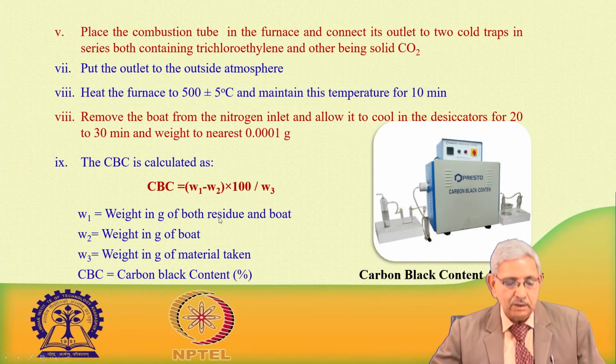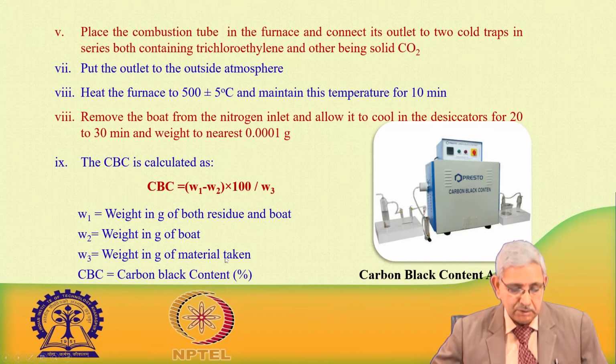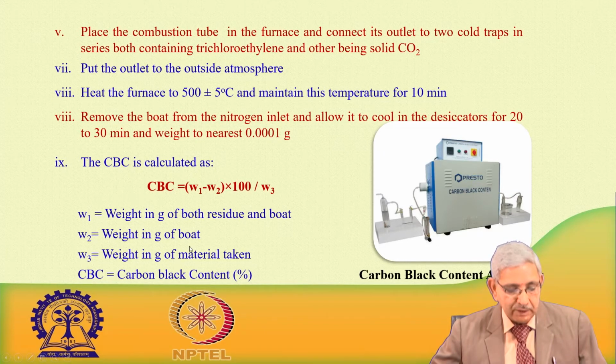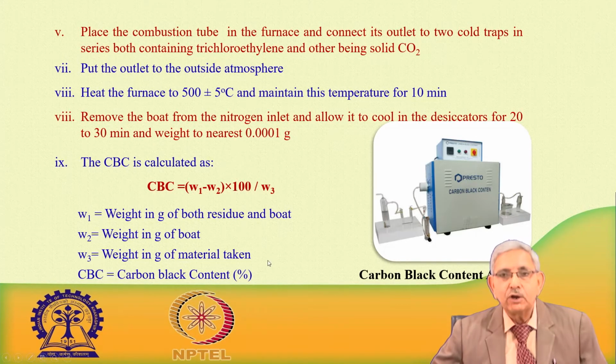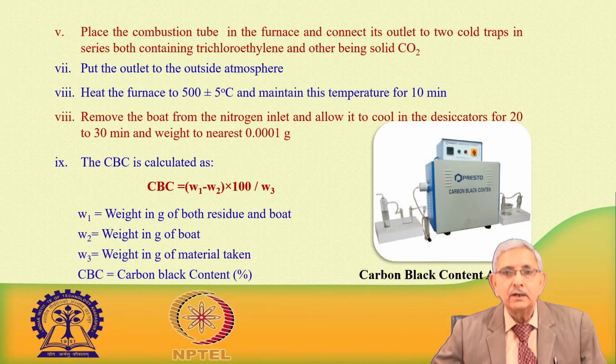W1 is the weight of residue plus boat in gram, W2 is the weight of boat in gram, and W3 is the weight of the material in gram. So, this way one can find out how much is the carbon black content in this plastic pipe.